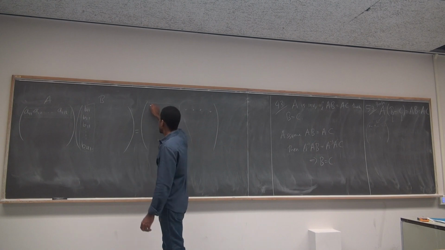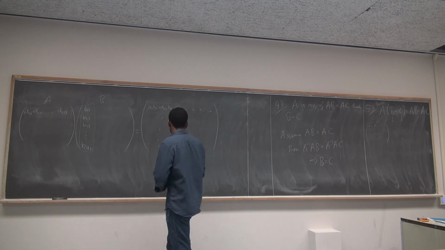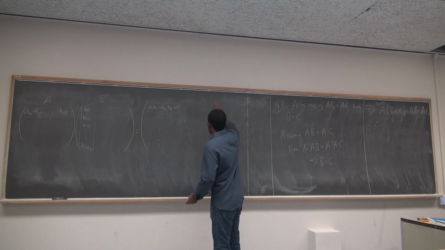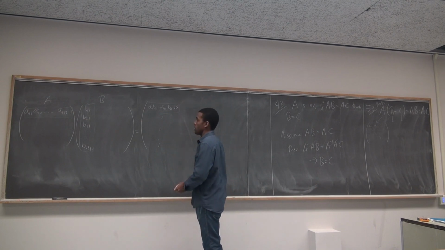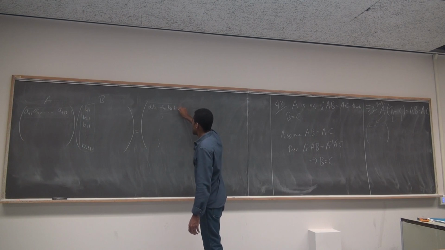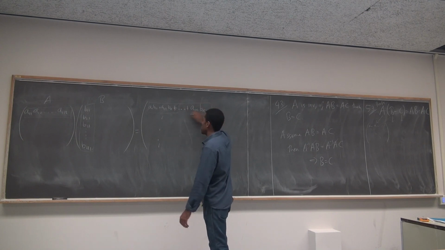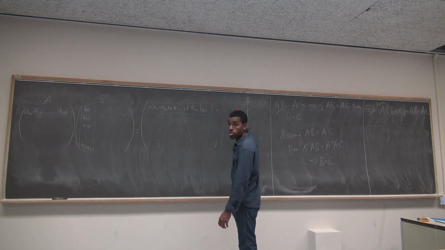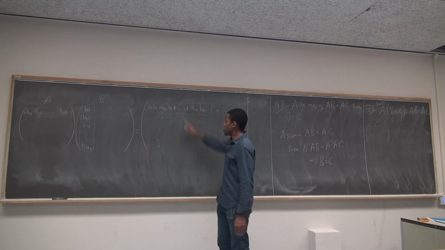Well, it's A11 times B11 plus A12 times B21 plus dot dot dot, A1n times Bn1. That's what this would look like, the first element in the first row.